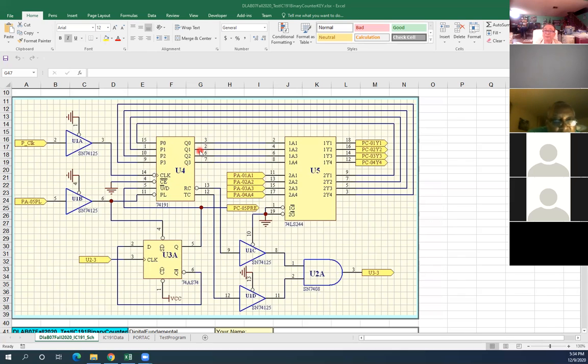Okay? Now, U1 is just a buffer. Input pin 2 and pin 3. If pin 2 is 0, pin 3 is 0. If pin 2 is 1, pin 3 is 1, nothing else.